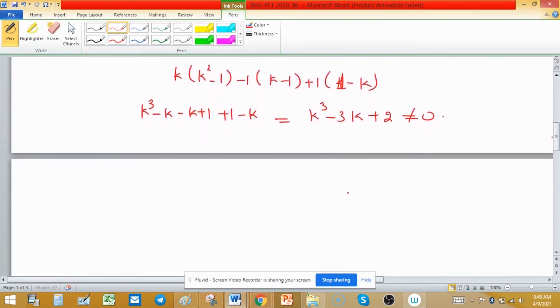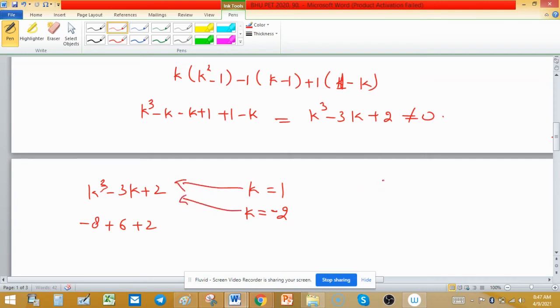So which root is satisfying k square minus 3k plus 2? k equal to 1 and k equal to 2 is satisfying this. k equal to minus 2 also, because this one becomes minus 8 plus 6 plus 2. So k equal to minus 2 satisfies this one, and k equal to 1 is also satisfying this one.